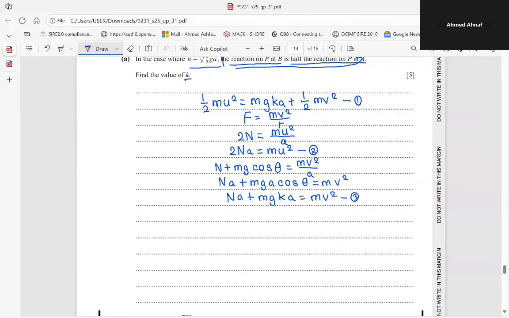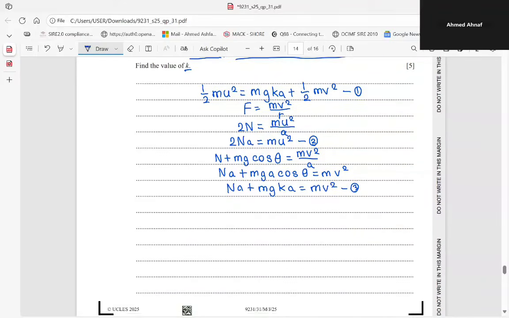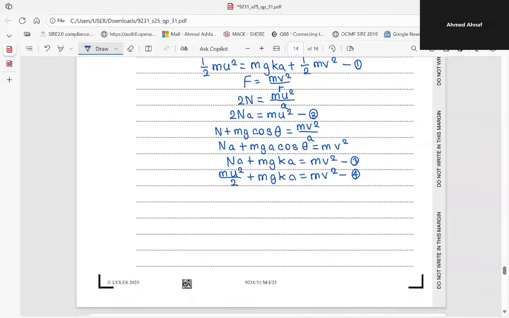To make this simpler, we're going to substitute N a equals m u squared over 2. So m u squared over 2 plus m g k a equals m v squared. Now we can substitute it into our first equation.